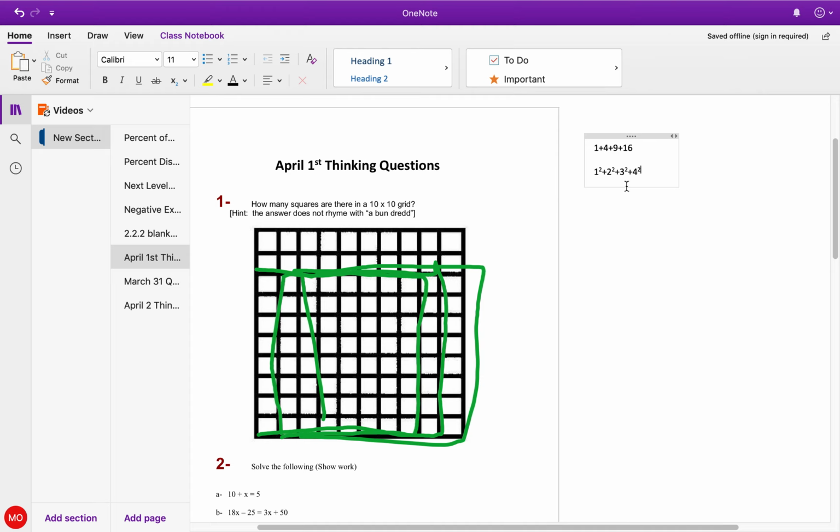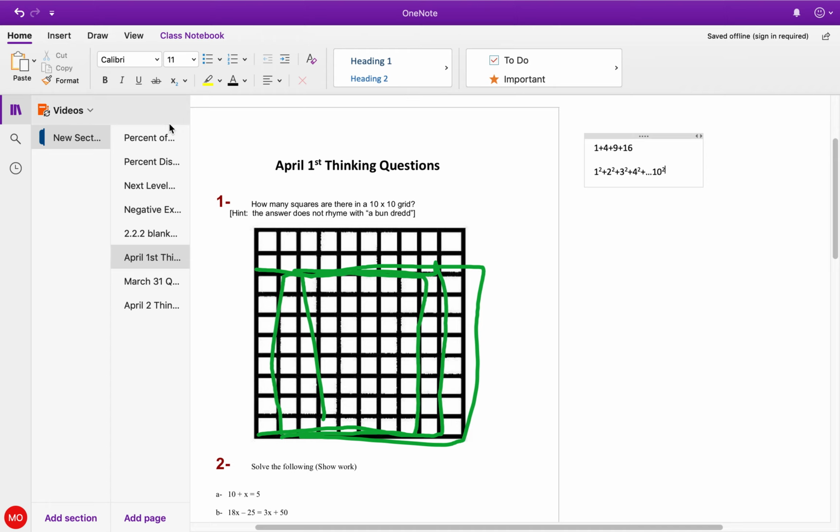That means the same thing. 1 squared equals 1, 2 squared equals 4, 3 squared equals 9, 4 squared, and this could always go up to plus dot dot dot 10 squared.